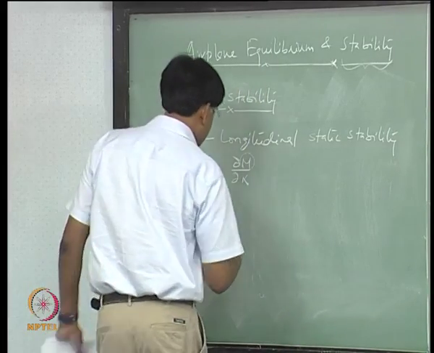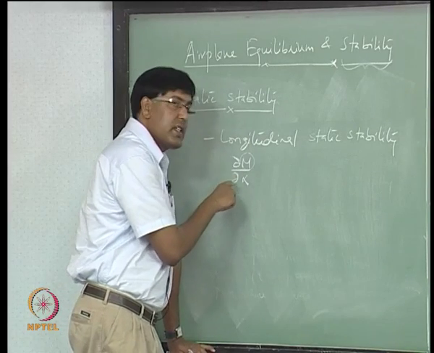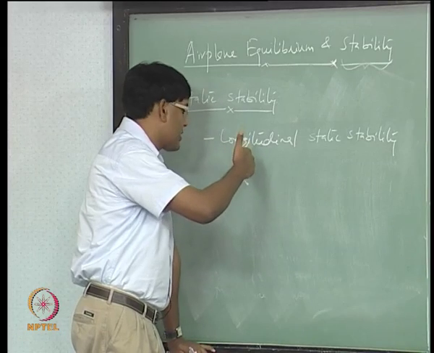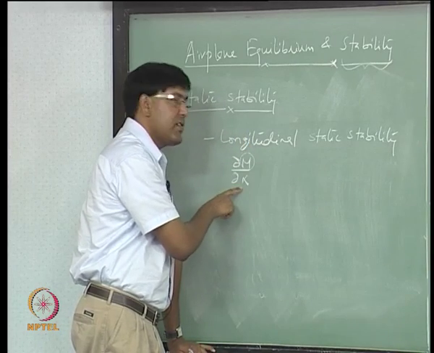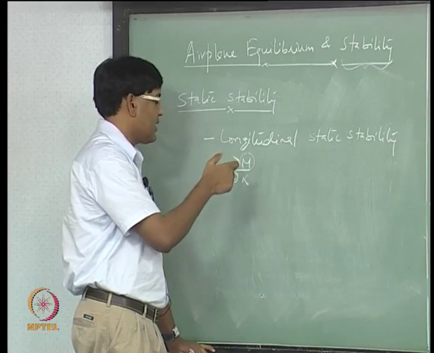So, as soon as there is a disturbance, and that disturbance is creating a pitching up motion of the aircraft, delta alpha is changing in the positive direction.